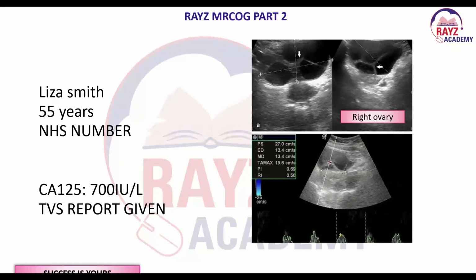That is to say, there is a mass inside your ovary formed of multiple locules, or multiple fluid-filled spaces. It is about 13 centimeters by 13 centimeters, which is not the usual picture of your ovary at your age.